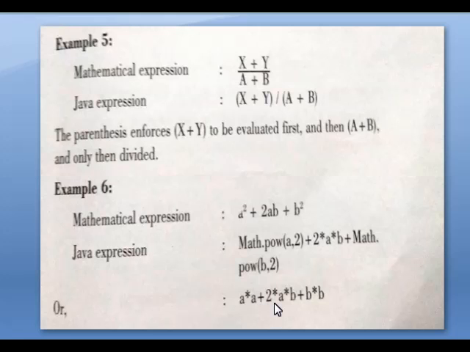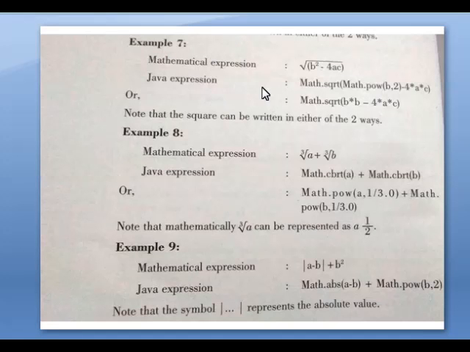Example number 7, the mathematical expression is square root of b square minus 4ac. So the Java expression is Math.sqrt of, because the square root is common to all of b square minus 4ac, it is in the outer bracket. Inside the inner bracket we write Math.pow of b comma 2 minus 4 into a into c.